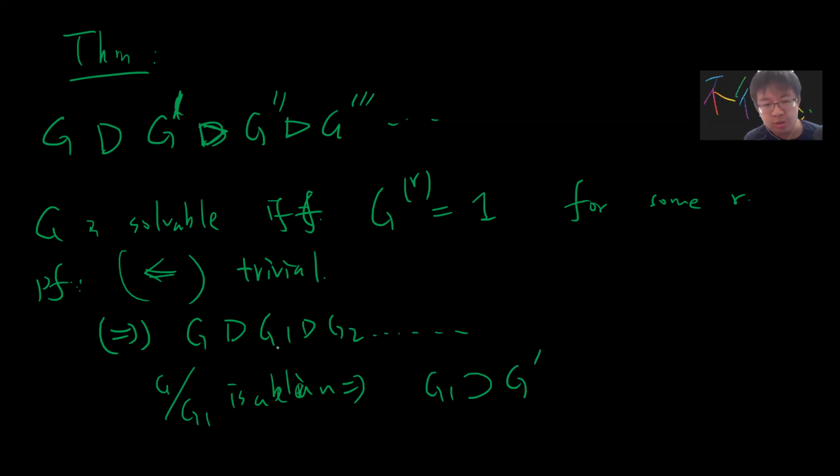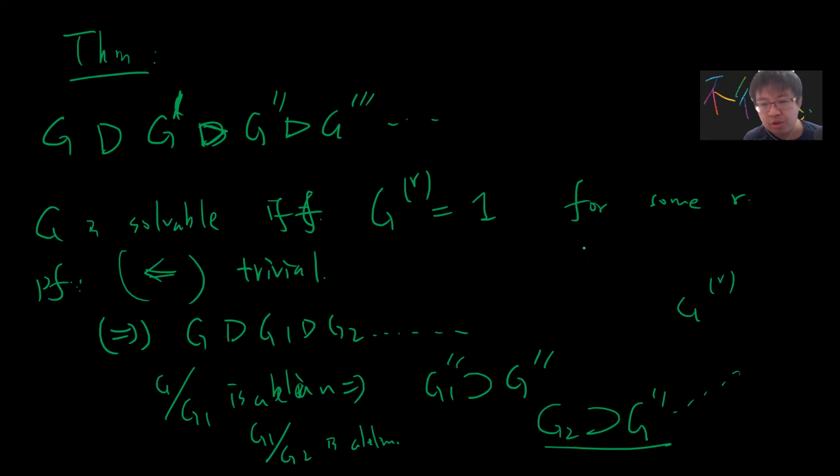And G1 quotient G2 is abelian, so if you take the commutator group again, G double prime will be a subset of G2. You keep going, and finally Gk becomes the identity, so G to the k will become the identity. So this is the proof. Basically you just use the previous lemma multiple times and you get the result.